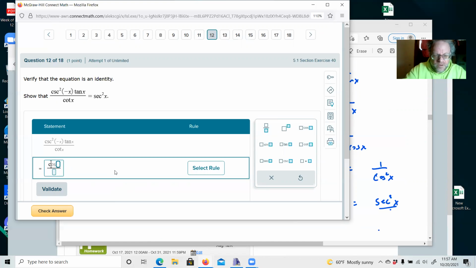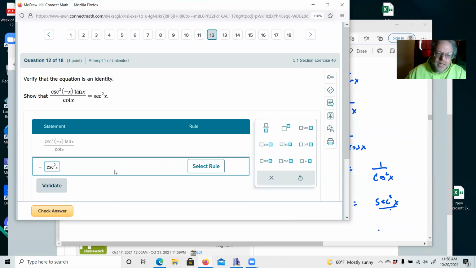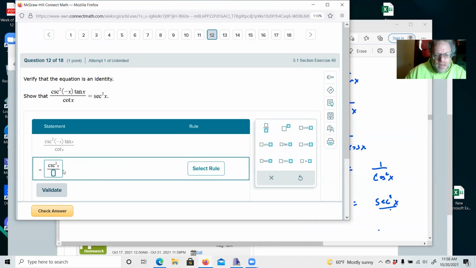They don't like you to do this at all. Cosecant squared x tangent, no. Come on, really? Okay, this was cotangent x times tangent x.